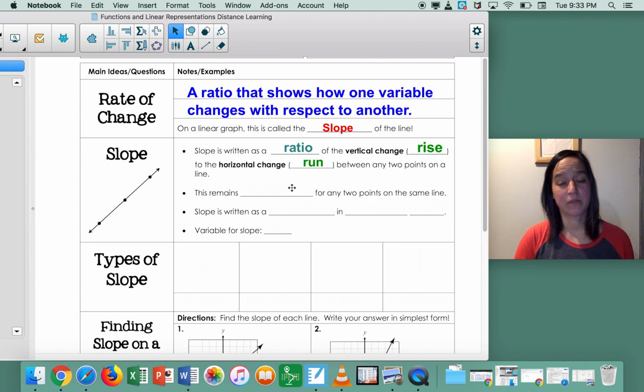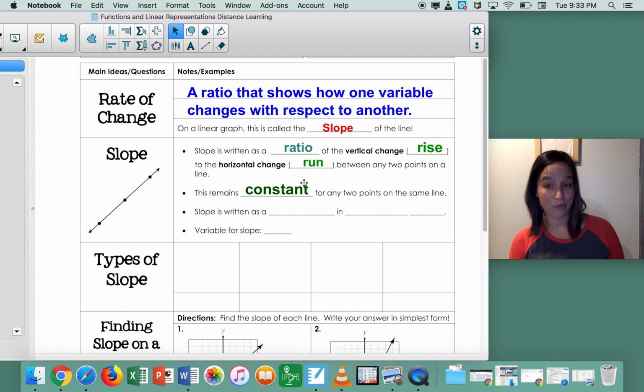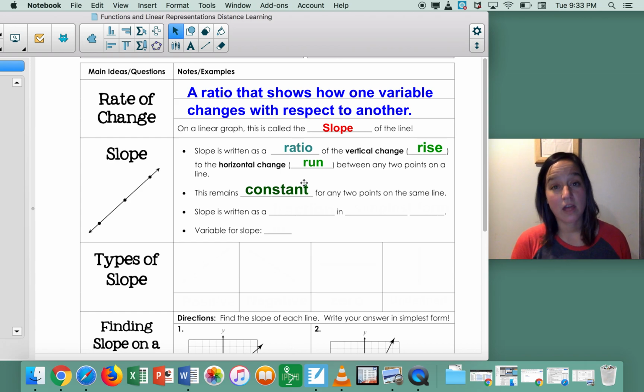So it was rise over run, is what we were saying. The slope remains constant for any 2 points on the same line. I can choose the first 2 points, or the first point and the fifth point, or the second point and the third point. No matter what, if it's a line, the slope will stay the same no matter which 2 points you choose on the line.